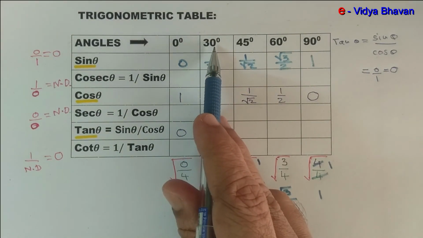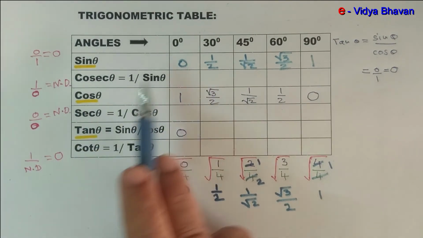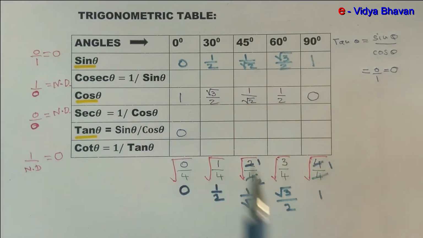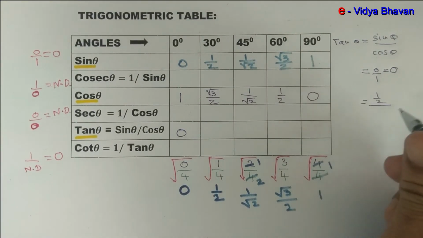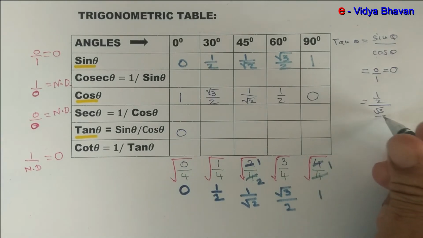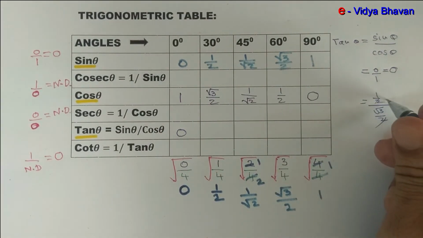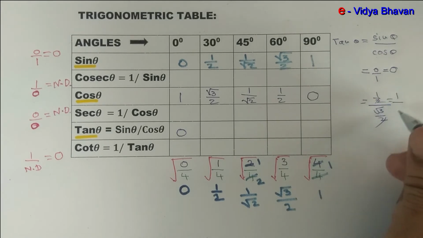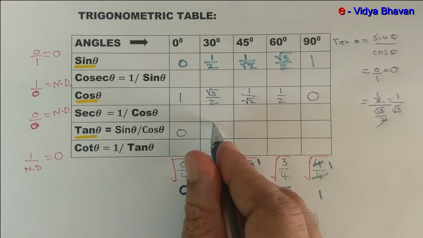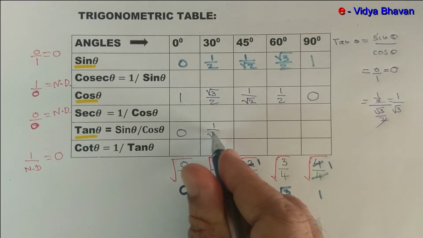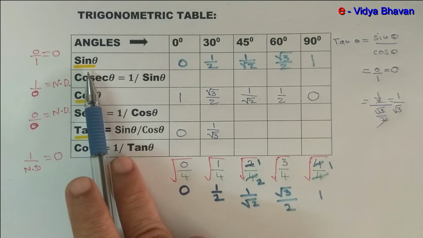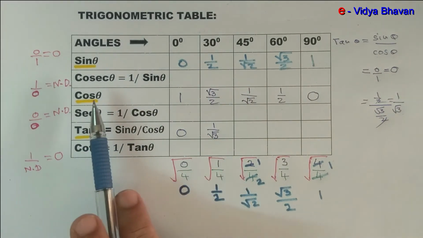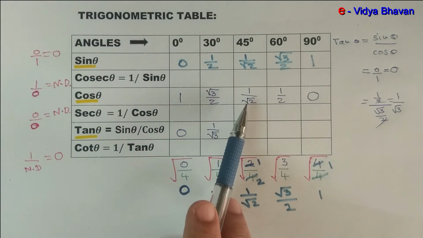For 30 degree, sin is half and cos is root 3 upon 2. So we substitute half upon root 3 by 2. The 2s cancel and we get 1 upon root 3. For 45 degree, sin theta is 1 upon root 2 and cos theta is 1 upon root 2.